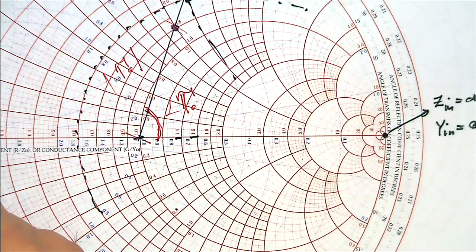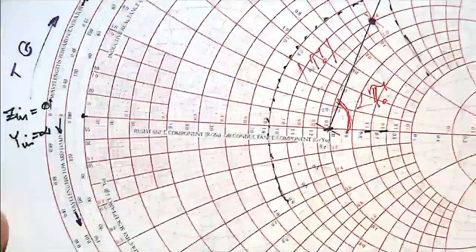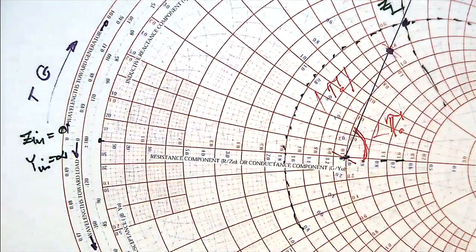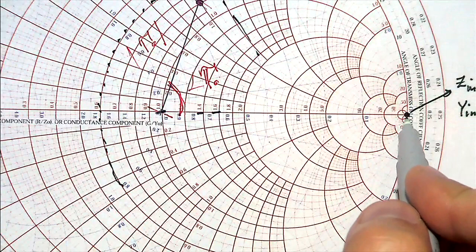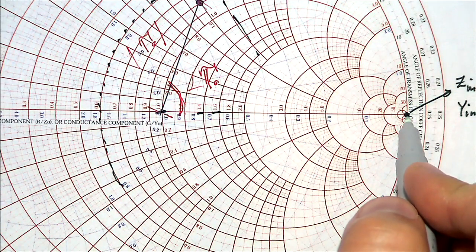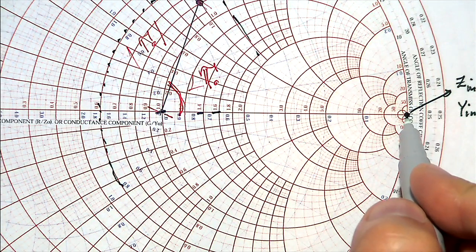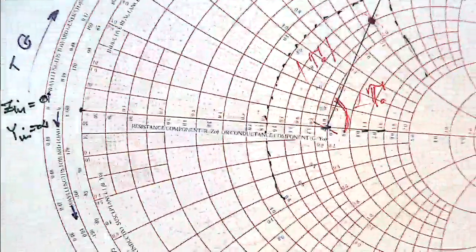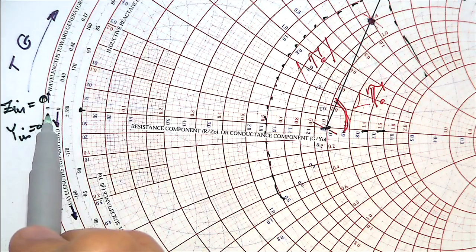Here is Z in equals 0 and Y in equals infinity. This point. I mean that if this is the original point of a Z Smith chart, this is the original point of a Y Smith chart.